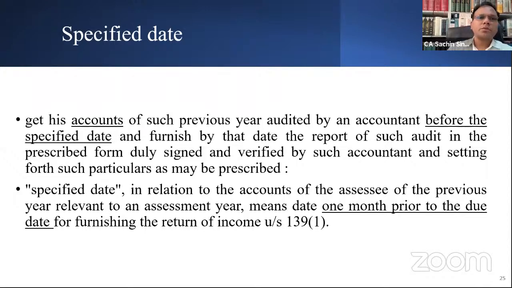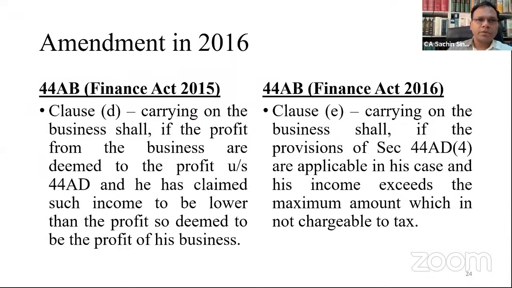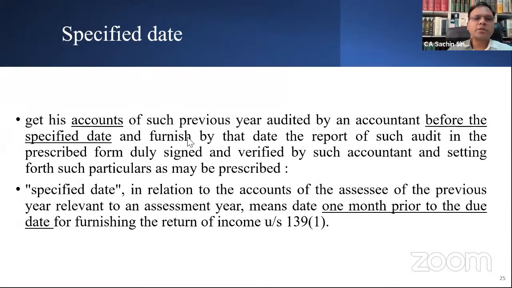Okay. So since the section started with every person carrying on business, then profession, then again business, then again profession, then it says get his accounts audited. So if you say that every person carrying on business having turnover more than 1 crore or 10 crore, as the case may be, get his accounts audited.